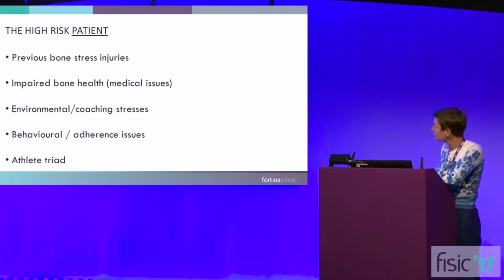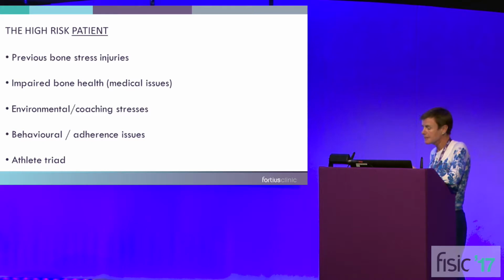And the high-risk patient I would define as somebody who clearly has a predisposition to bone stress injuries, whether that's through impaired so-called bone health or not, whether it's due to behavioral or adherence issues to rehabilitation and treatment programs they're given, or patients who are under a lot of environmental or coaching stress to get back into training quickly.